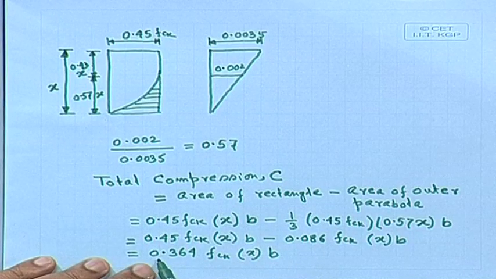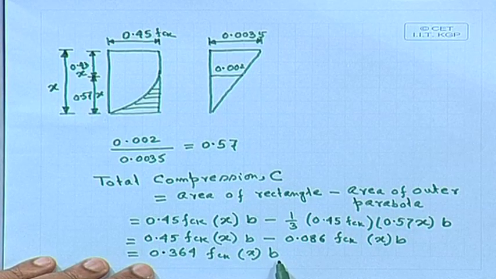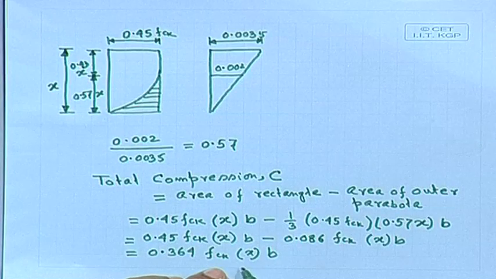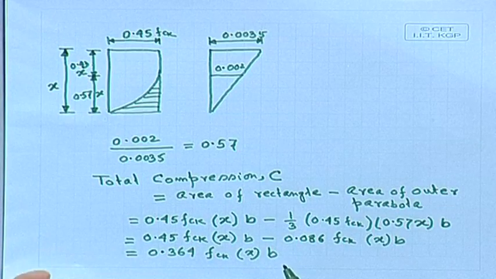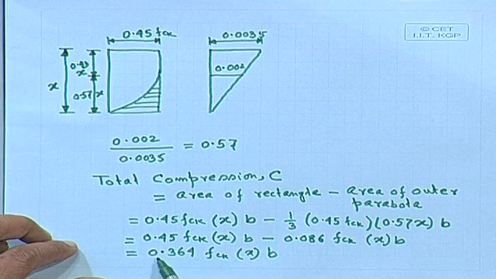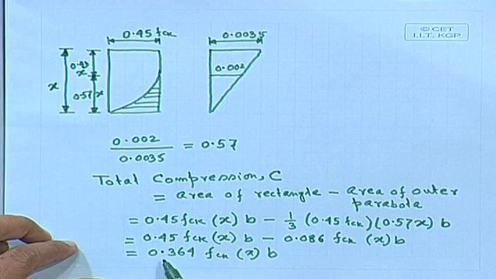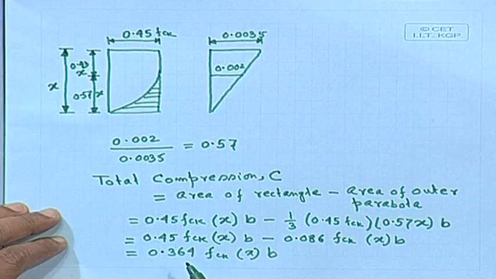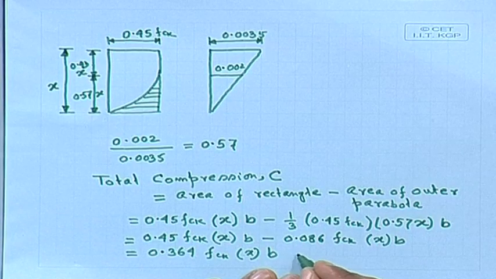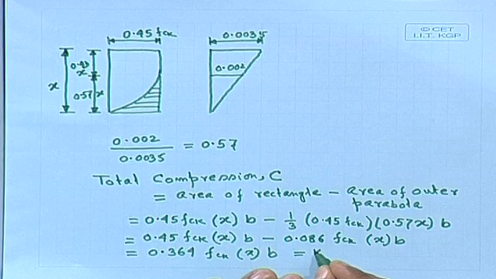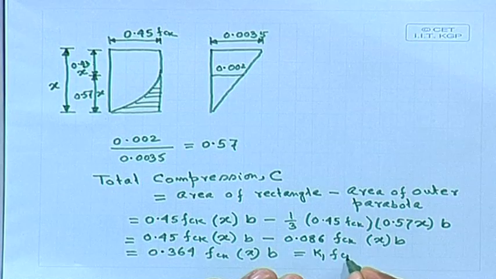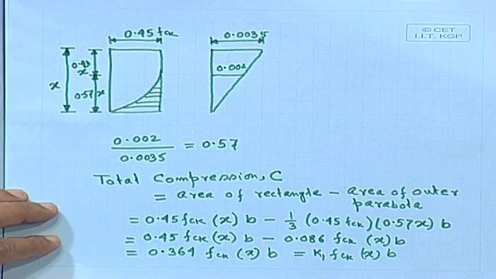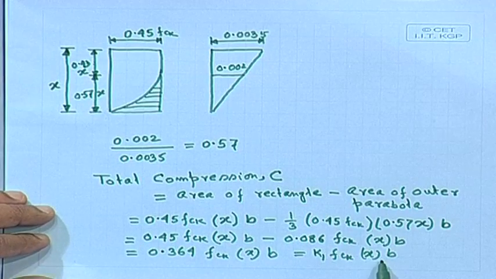We take this 0.364 FCK x b, x is the depth of the neutral axis, FCK the characteristic strength, b width of the beam. This 0.364 we can take as one factor, that K1, equal to K1 FCK x b. This is one factor generally considered.